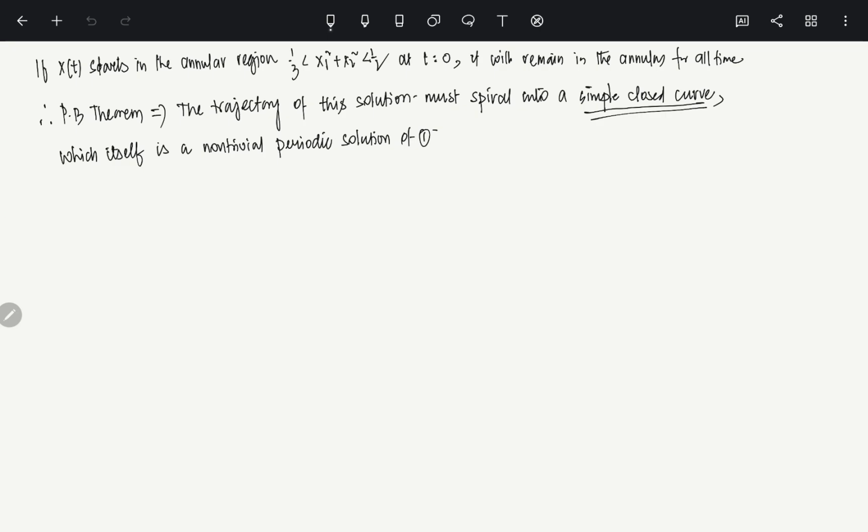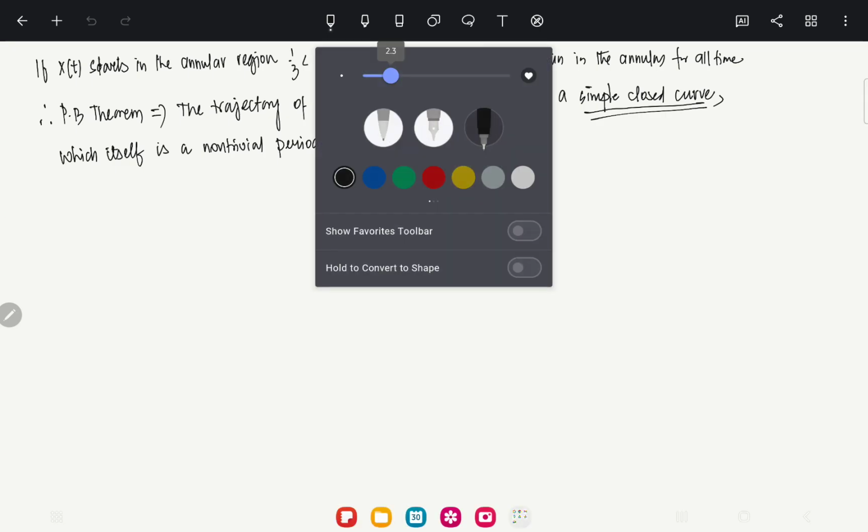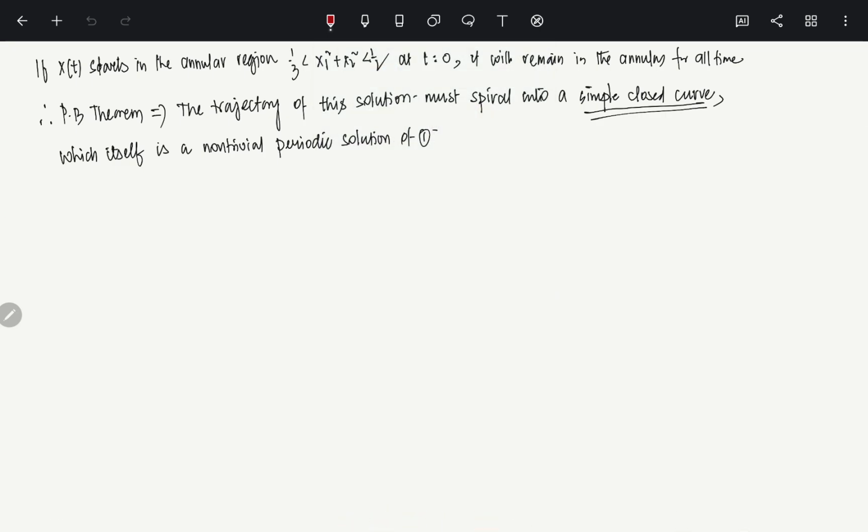Can you do something like this? So let me put it again in red. We want to see if we can find a condition under which we can guarantee the non-existence of limit cycles.